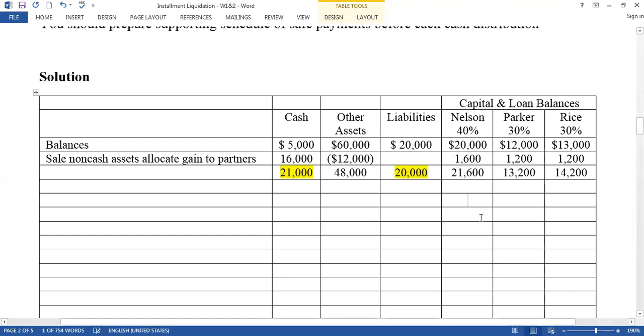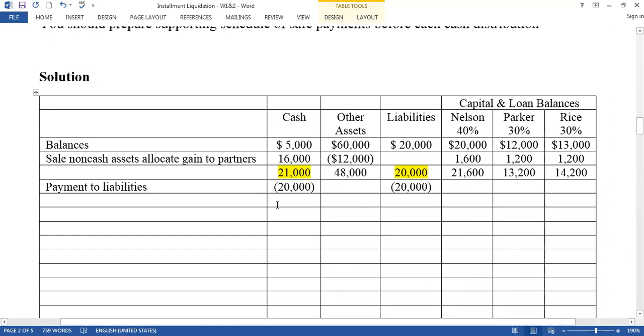We now have enough cash to pay the liability, so first we have to pay the liability. Payment to creditors: we are going to pay them $20,000. Our liability decreased $20,000 and our cash also decreased $20,000. After that, we have $1,000.